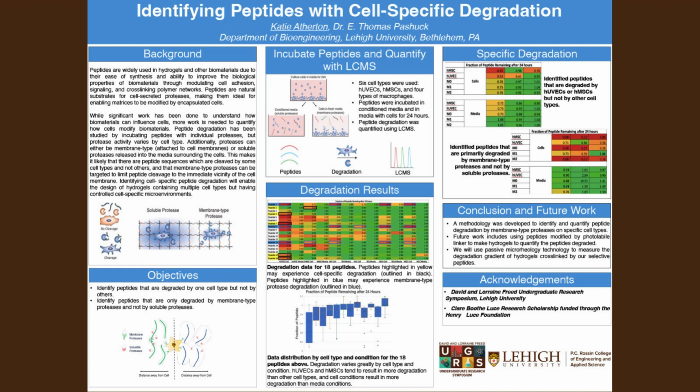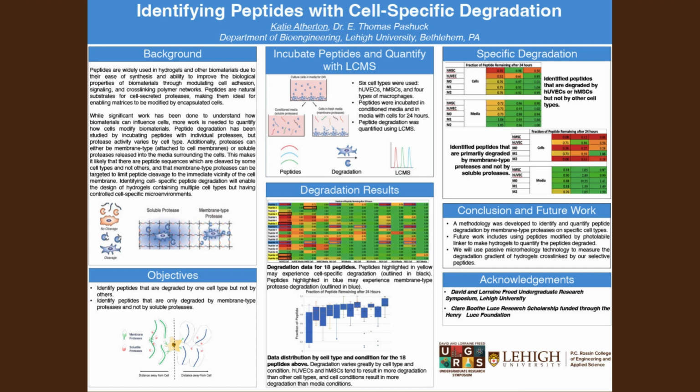So the objectives of our study were to, 1, identify peptides that are degraded by one cell type and not by others, and 2, identify peptides that are degraded by membrane-type proteases and not by soluble proteases. So to do this, we incubated peptides and we quantified their degradation with LC-MS.